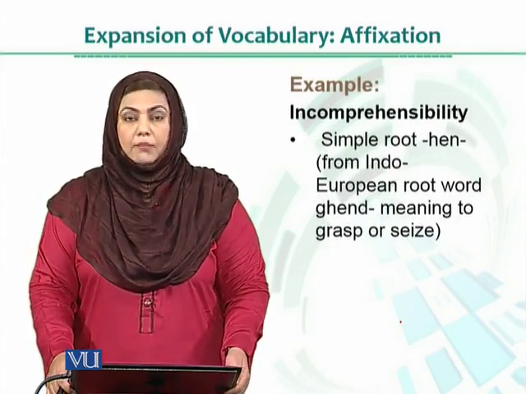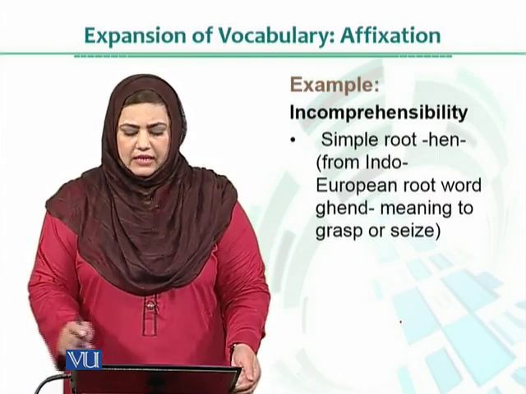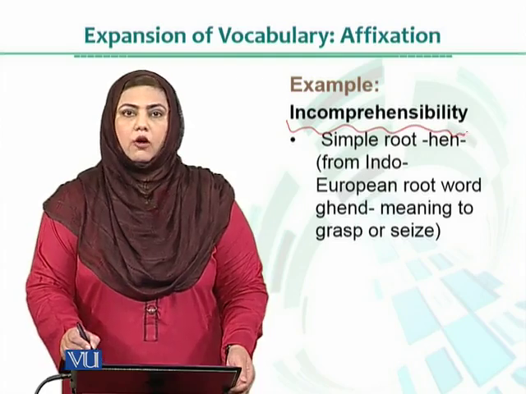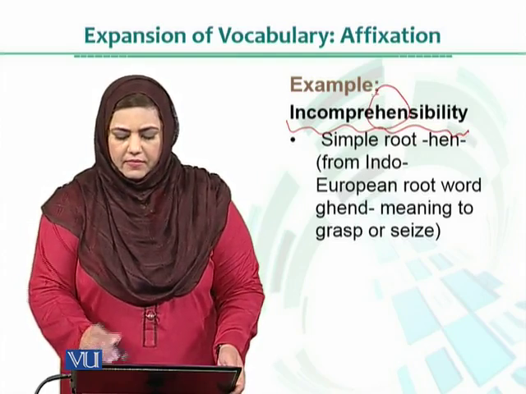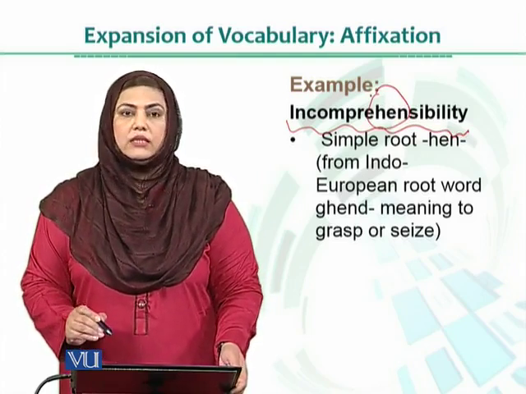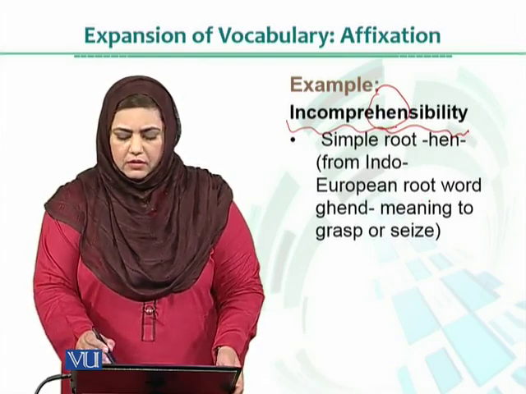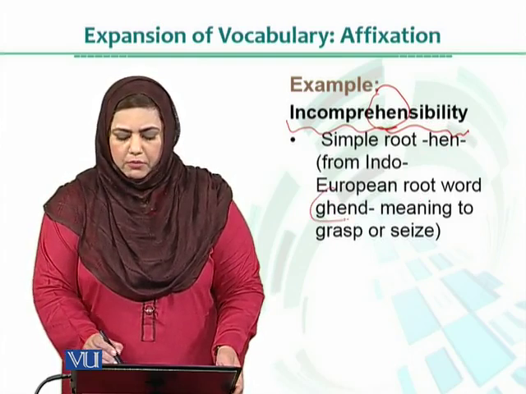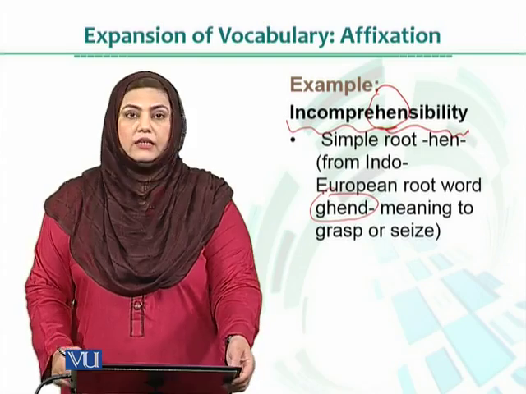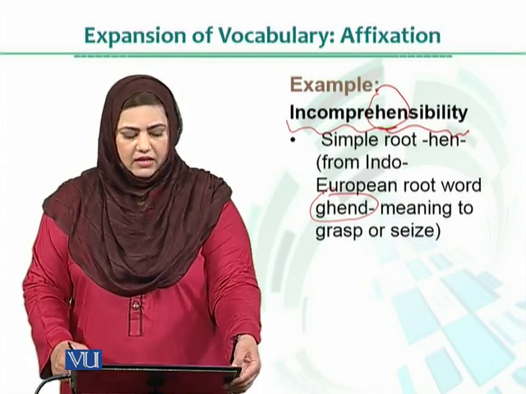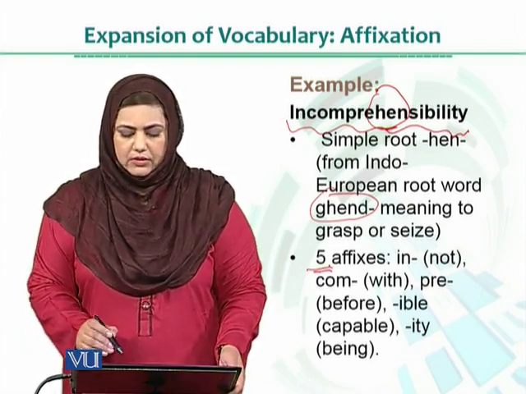Here I am presenting an example to make it clear how this is a very productive process. The example is the word incomprehensibility. If you notice the word here, hence, actually, is a word from an Indo-European root, and this simple root, which comes from this yen, meaning to grasp or seize, from the Anglo-Saxon background, is added to, and in fact, if you notice, five affixes are used.